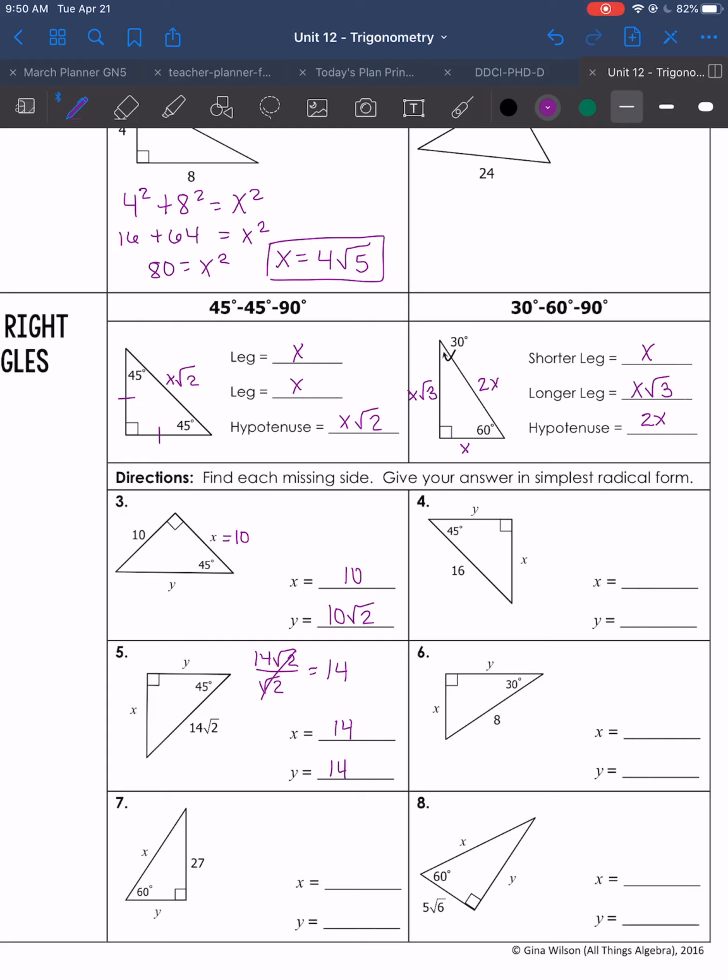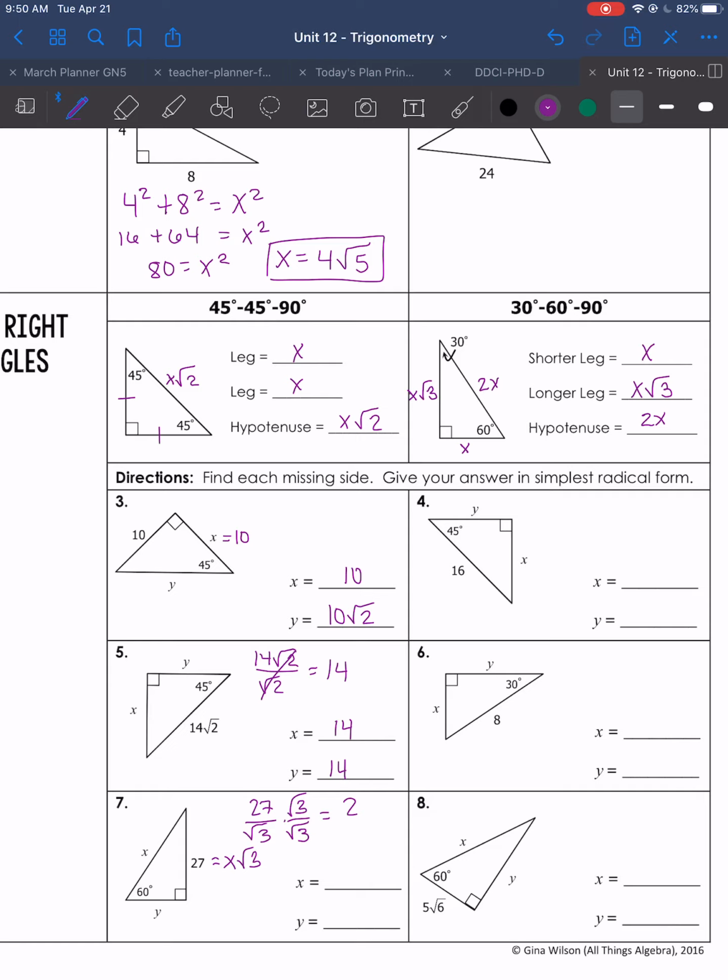And then, last but not least, we have the side across from the 60, which is x square root of 3, is 27. So you would take 27 and divide it by square root of 3, which doesn't work. So you have to multiply both sides by square root of 3.